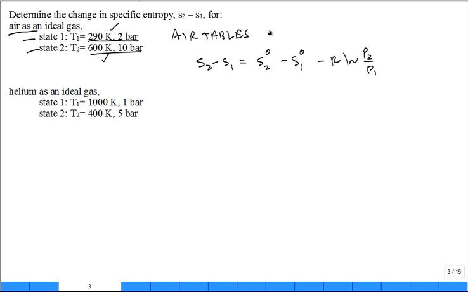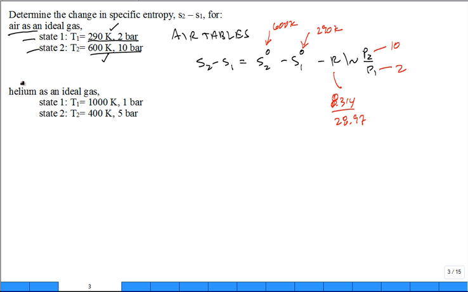So straight out of the air table at 600 Kelvin, straight out of the air table at 290 Kelvin. Here you put your 10 bar, here you put the 2 bar, and that's it. What is this R? 8.314 divided by 28.97. So the universal gas constant divided by the molar mass for the air.